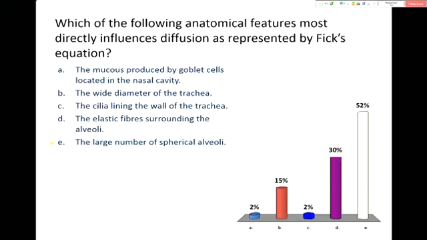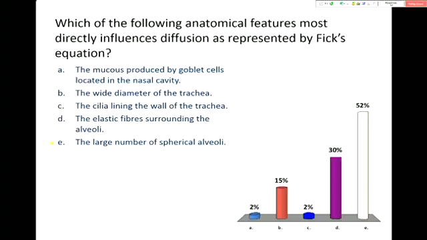You'd think that D might be an accurate thing to say, but it's not the right answer. Certainly, Fick equation relies on the others. B maybe, wide diameter of the trachea. What's the whole point of wide diameter of the trachea? What will that help you do? Perfect, well done. To help you get airflow. Because remember, flow, be it airflow or blood flow, is related to pressure and resistance.